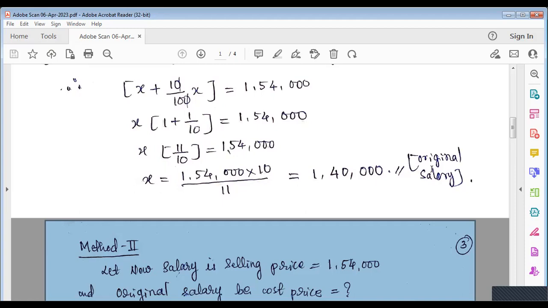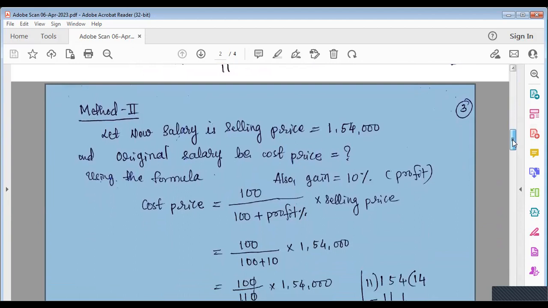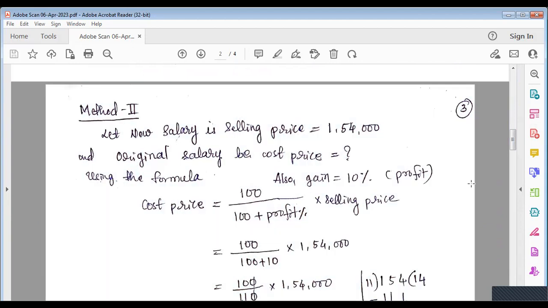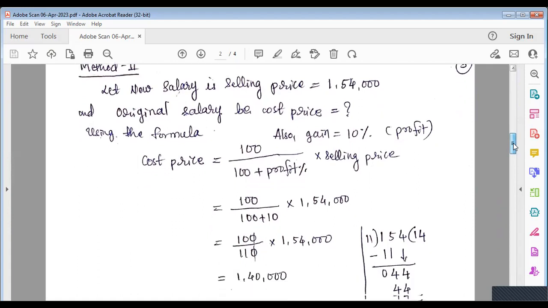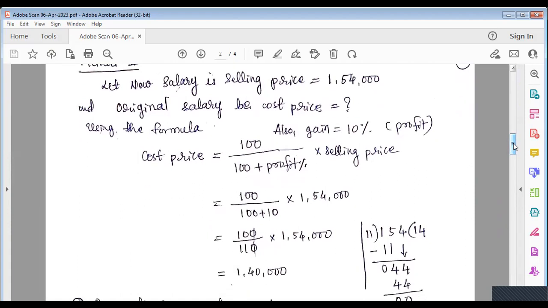So this is the original salary of the person. In this way, you have to solve this problem. So same problem you can solve by method 2, that is using these standard formulas. Also we can solve this problem. And let new salary is the selling price.